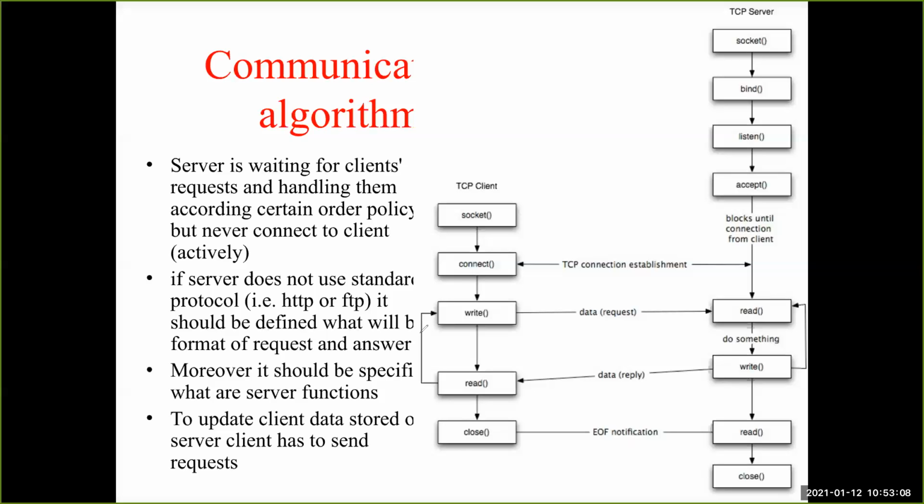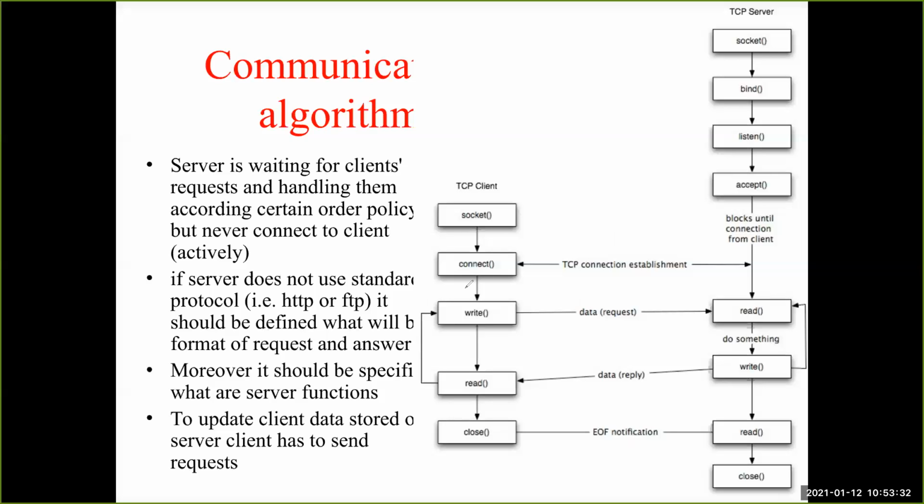So in this case, the client has to poll the server, let's say once per second or once per minute, to verify whether there are new messages for it. So this is very important.